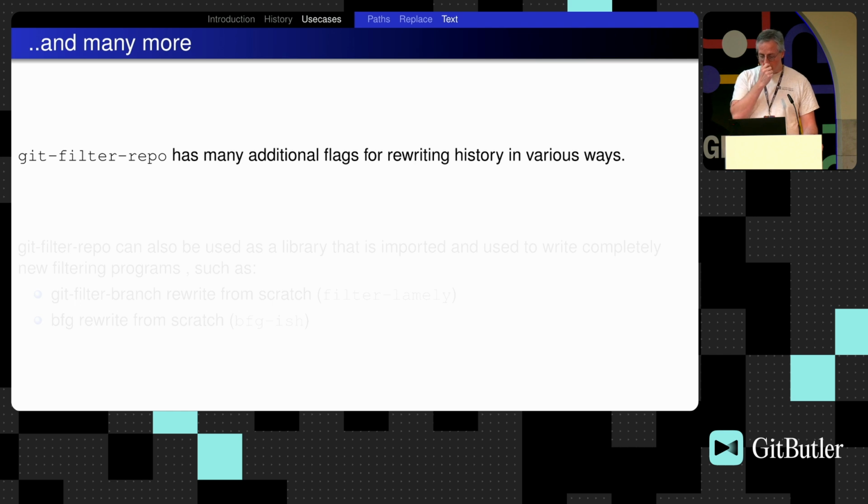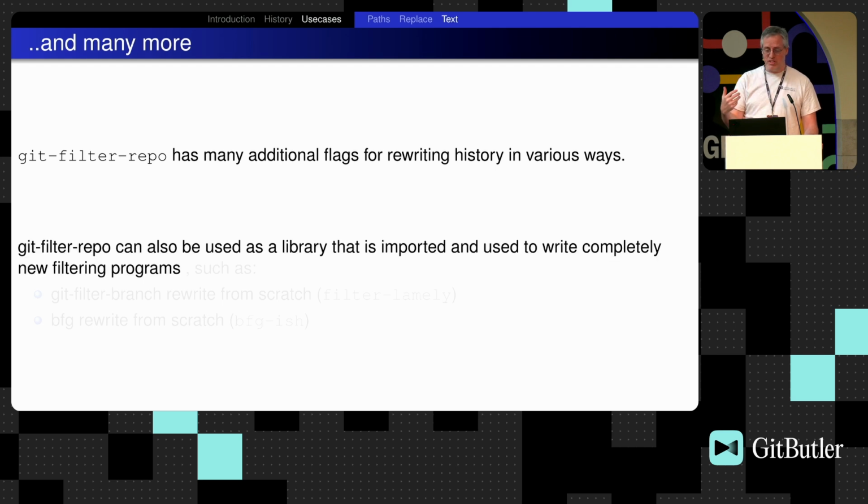And there's a lot of other flags. I've only scratched the surface here. But in addition to all the flags that you can use at the command line, git-filter-repo can also be used as a library that you import and then write a completely new filtering program. The lint history example I gave near the beginning is one such example.